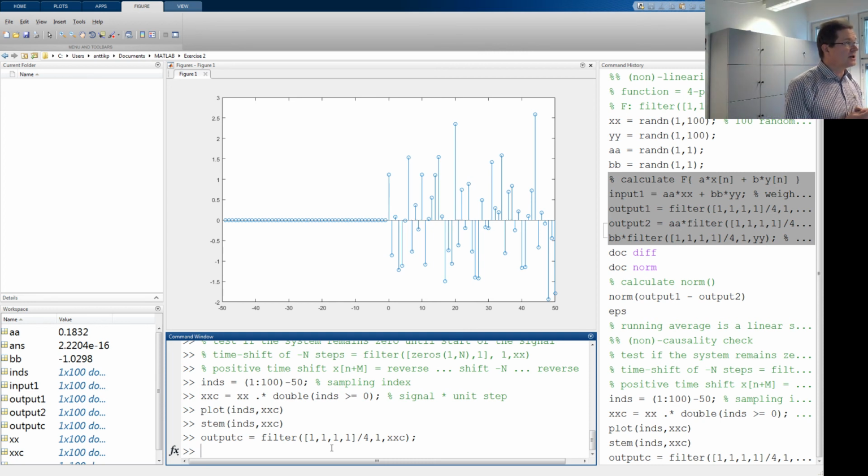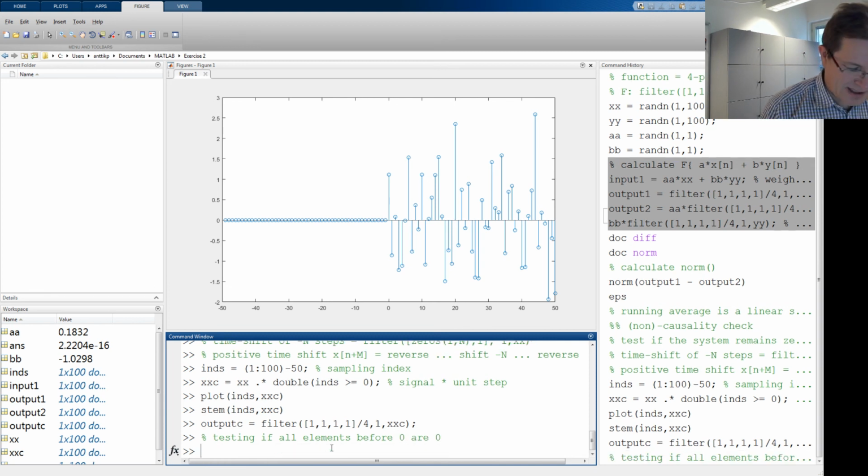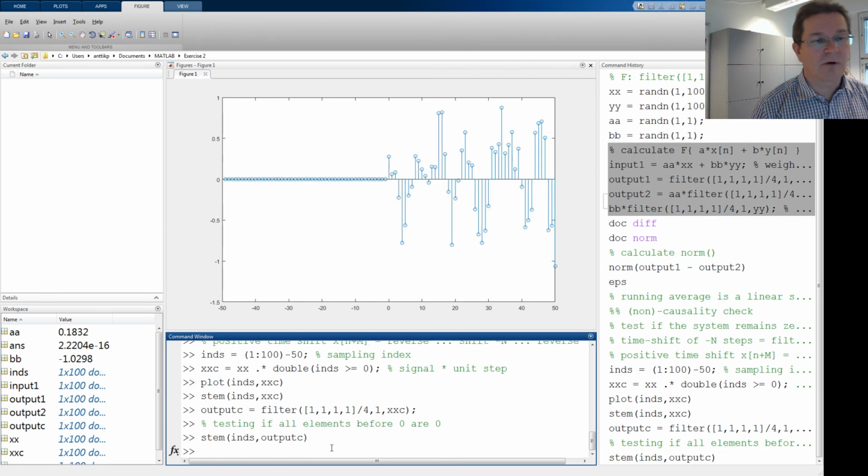One way of checking it is, well, this is the easiest way. And of course it's zeros. The first non-zero value is at 1.